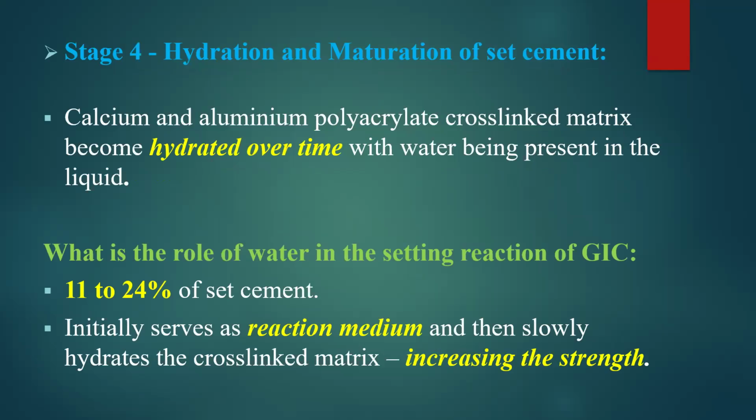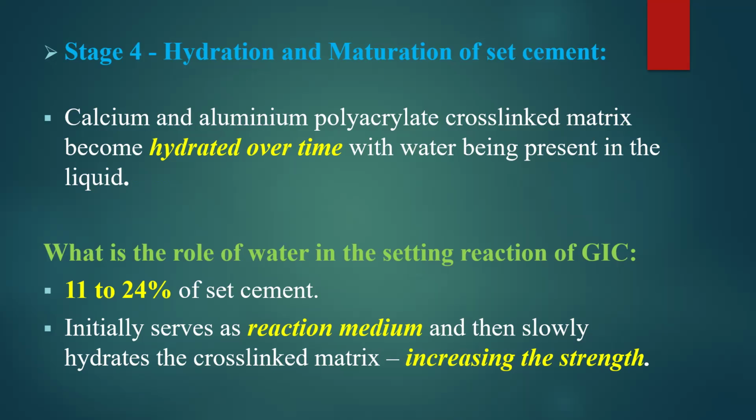Now that brings us to the final stage of the setting reaction of GIC, which is stage 4, hydration and maturation of the set cement. Now we have calcium and aluminum polyacrylate cross-linked matrix. They become hydrated over time with water being present in the liquid. So every component in the powder and liquid has its own significant role.